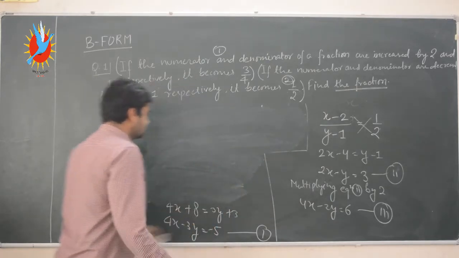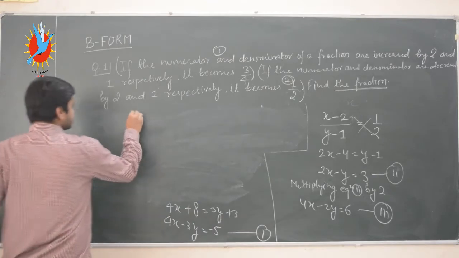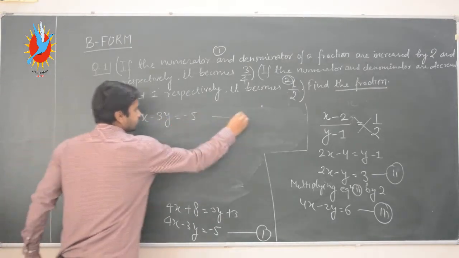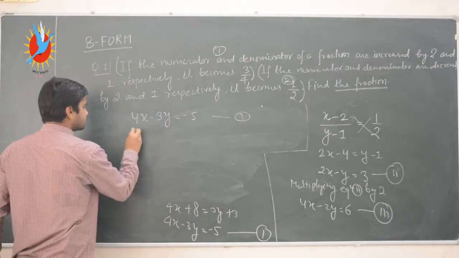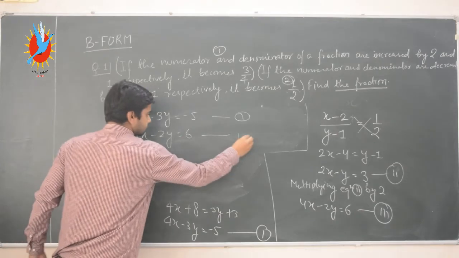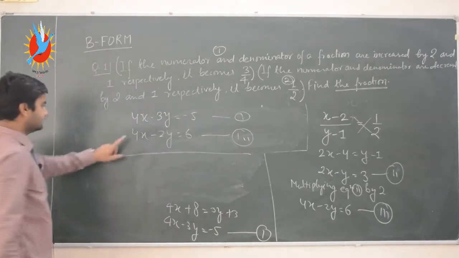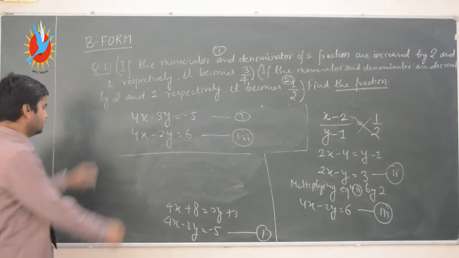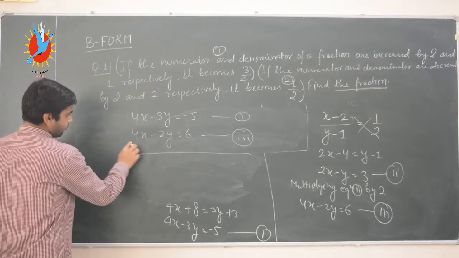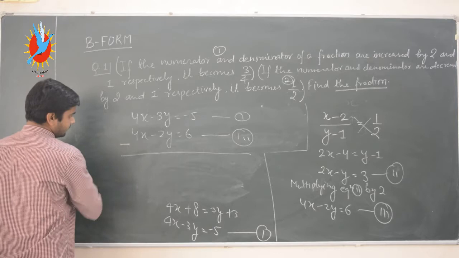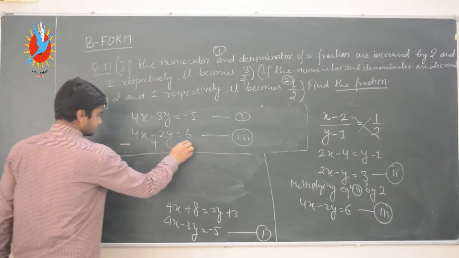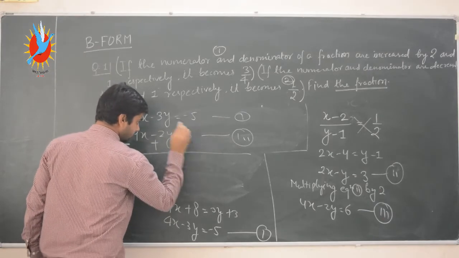Equation 1 is 4x minus 3y equal to minus 5, and equation 3 is 4x minus 2y equal to 6. We are subtracting equation 3 from equation 1, so the signs change. 4x is positive, so it will become negative. 2y is negative, so it will become positive, and 6 is positive, so it will become negative.